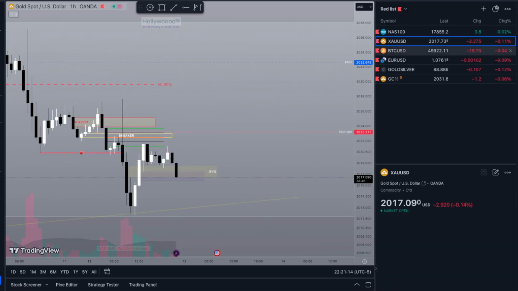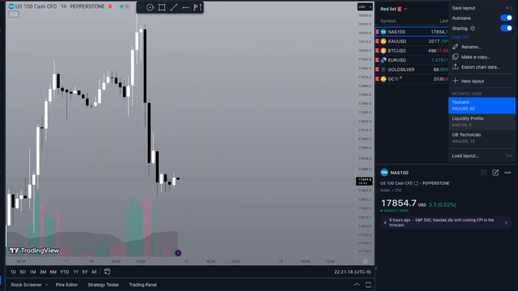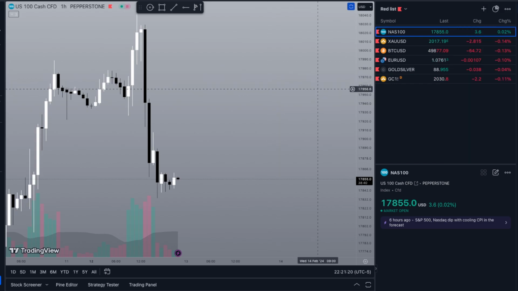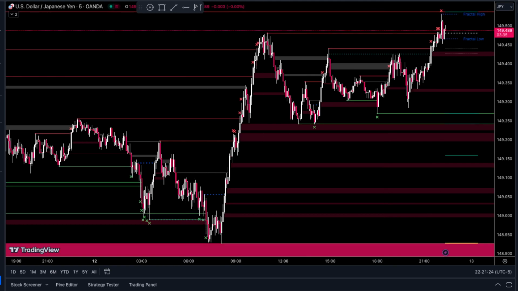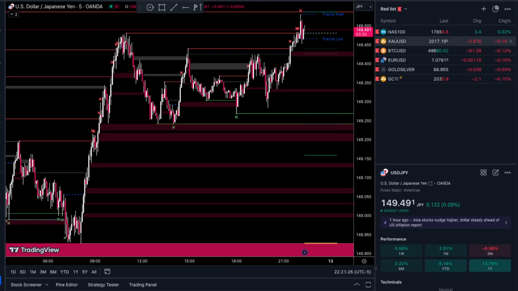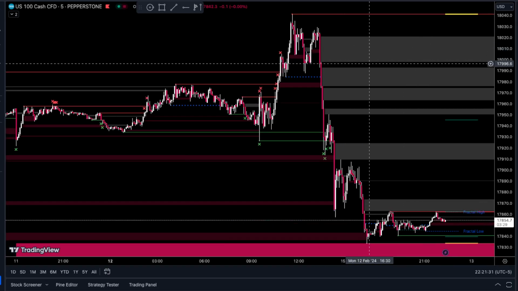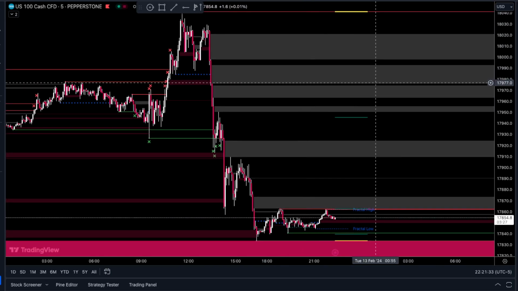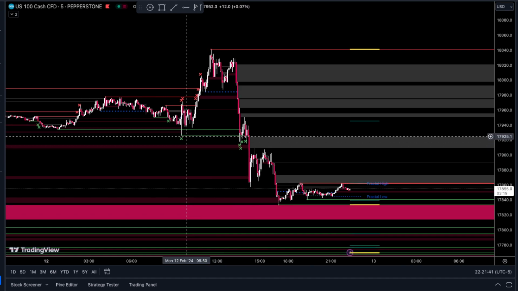I did want to go to NASDAQ for one moment, actually in its liquidity profile, to show what I didn't show before in my Sunday review. And this is something I was anticipating because this red zone here was actually up to here, if I'm not mistaken.